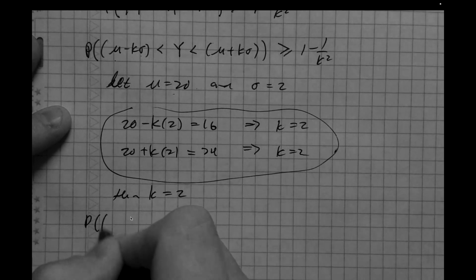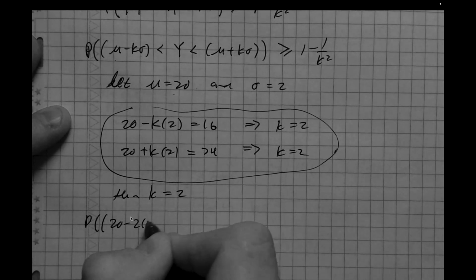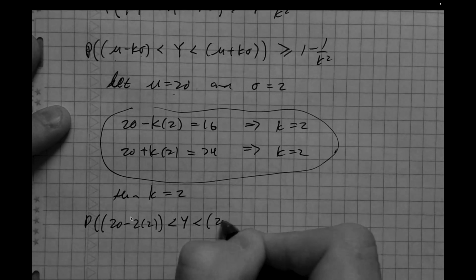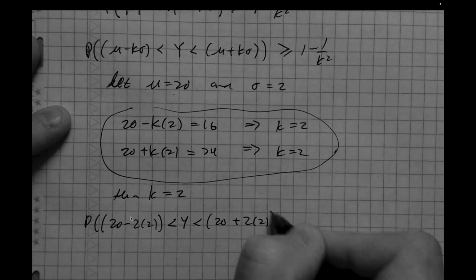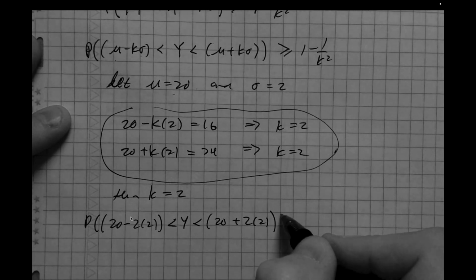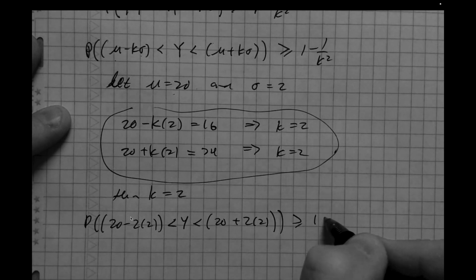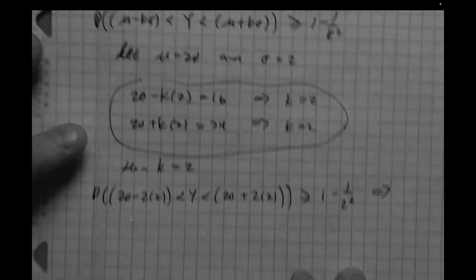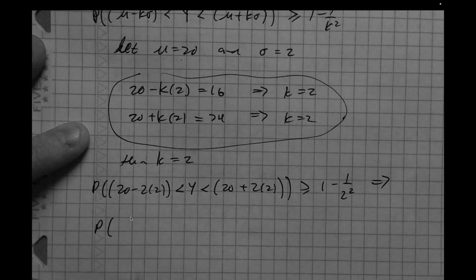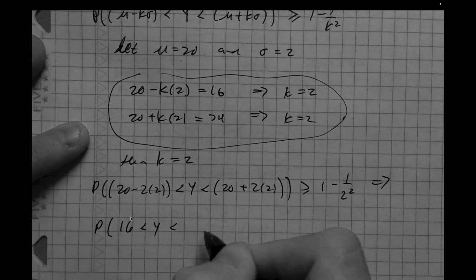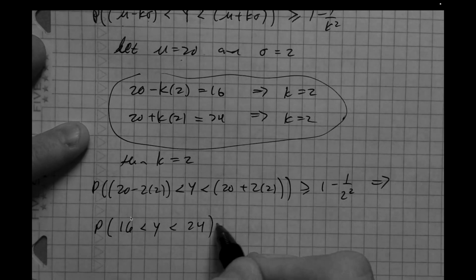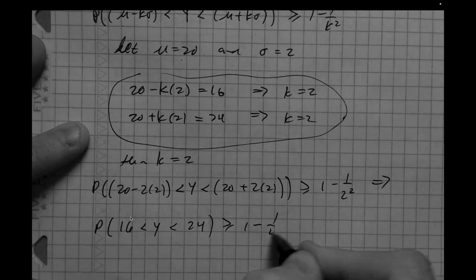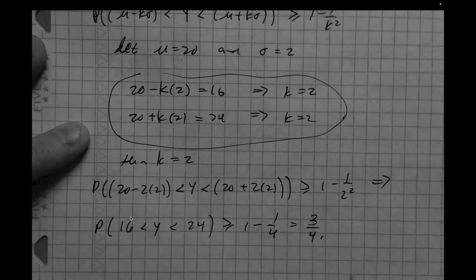So the probability that 20 minus 2 times 2 is less than y, which is less than 20 plus 2 times 2, is greater than or equal to 1 minus 1 over 2 squared. That's basically the probability that 16 is less than y, which is less than 24, is greater than or equal to 1 minus 1/4, otherwise known as 3/4.